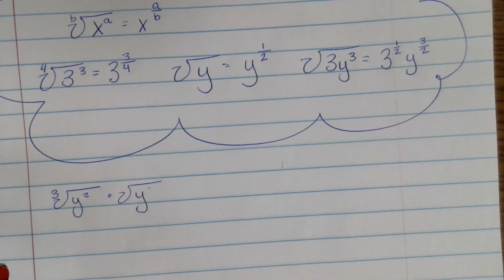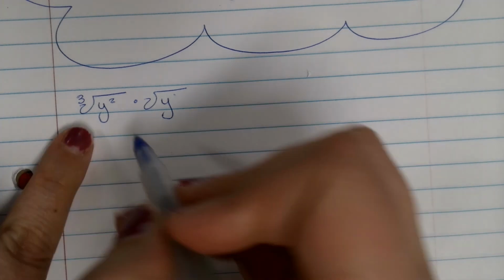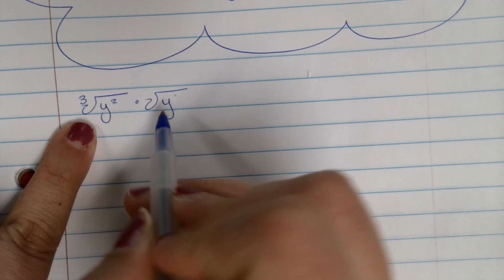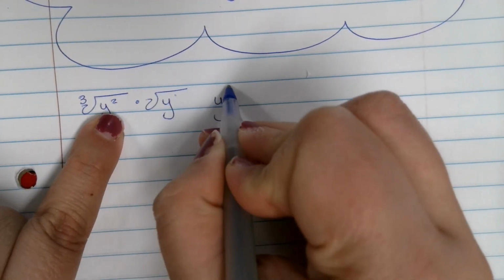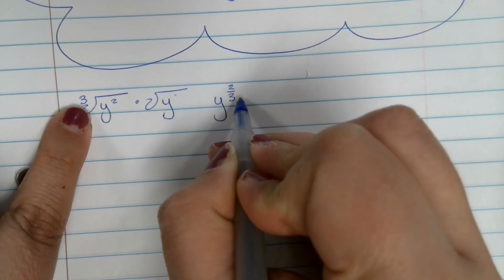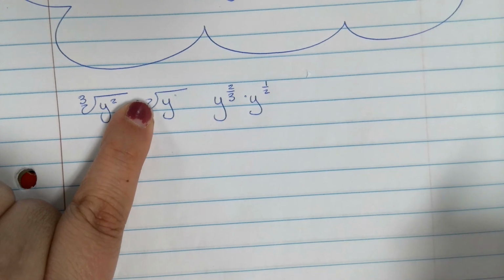Well, before I said that's all you can do. You can't solve it anymore. Well, what we're going to do now is find a way to solve it. What we can do is take each of these problems and write them out as a fraction. So I have y to the a over b times y to the a over b.